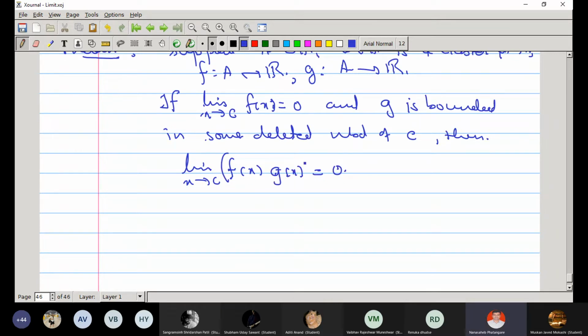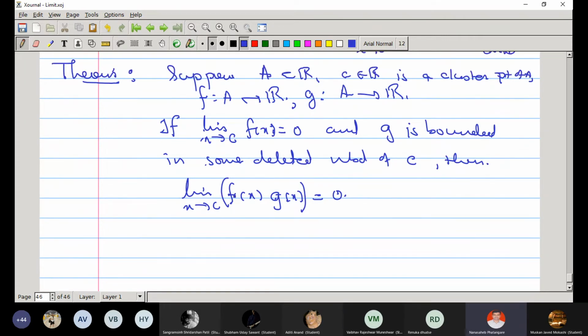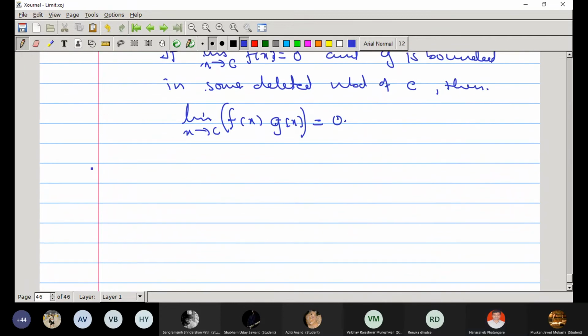The limit of the product is 0. The statement is clear? Yes, sir. Okay. So what is the statement? If one function has limit 0 and another function is bounded near c, then the limit of the product is 0. That's it. Simple statement.